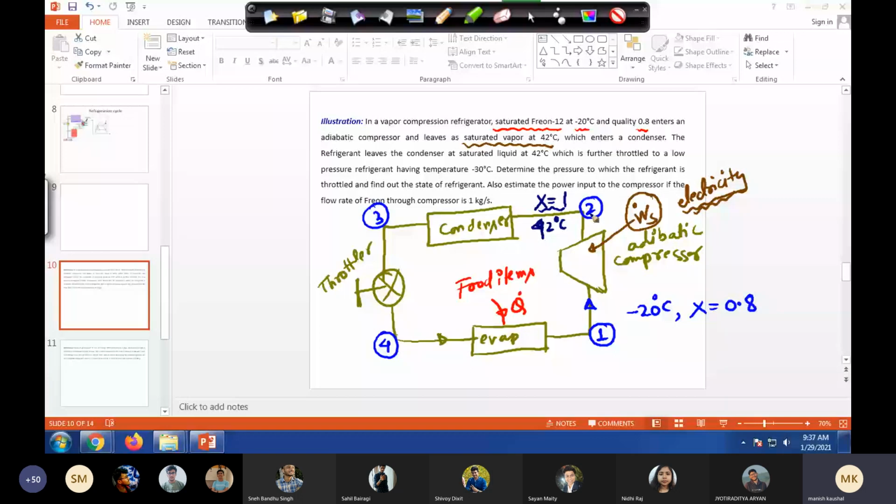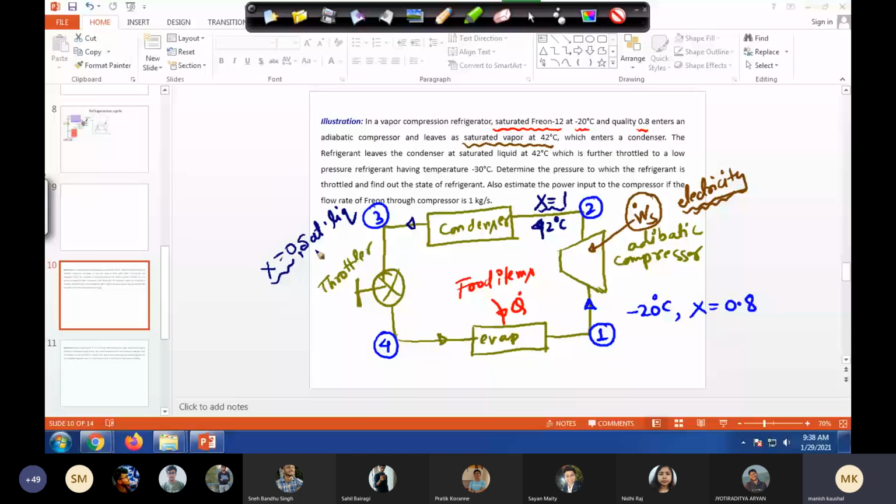Okay, so the refrigerant leaves the condenser as saturated liquid. It goes through the condenser, and since our quality was 1, as written in this problem, it completely goes into the liquid phase. So at stage 3, what we get is saturated liquid, so quality is 0 now, saturated liquid at 42 degrees Celsius.